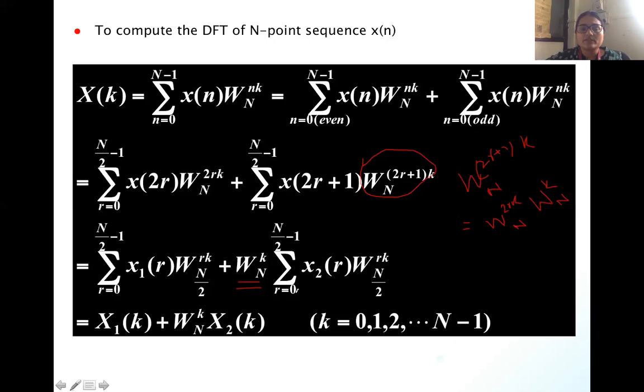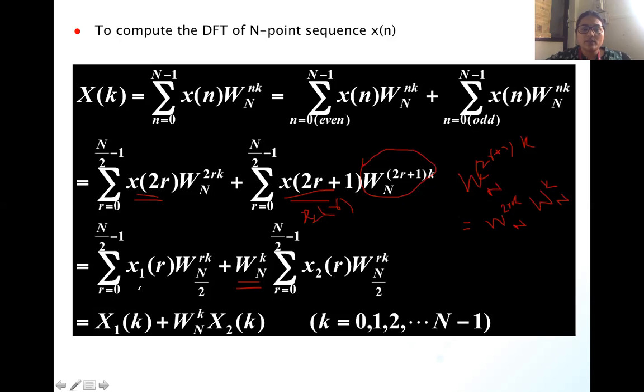So the equation we can write once again: summation r varies from 0 to N by 2 minus 1. Instead of writing this complete x of 2r, I have taken the notation x1 of r, and instead of x of 2r plus 1, I have taken x2 of r.